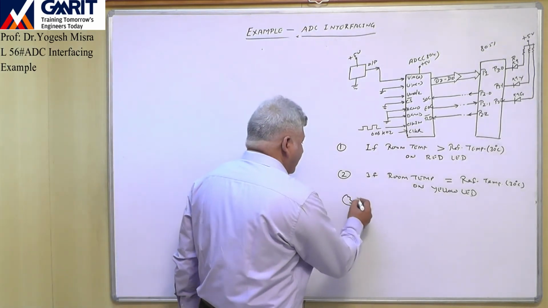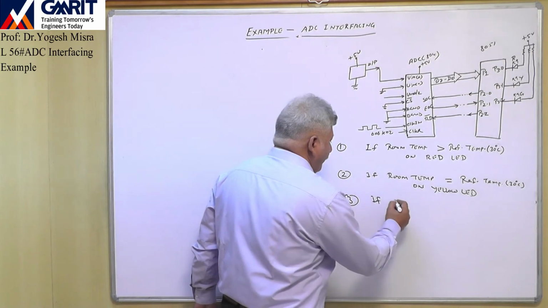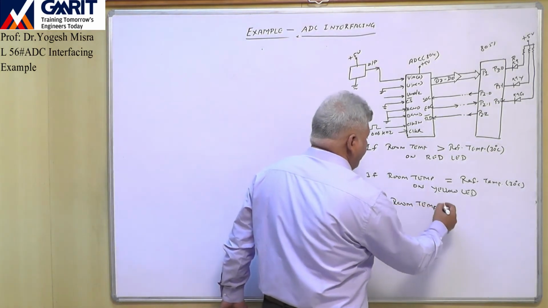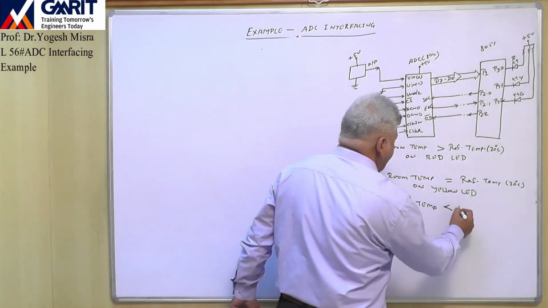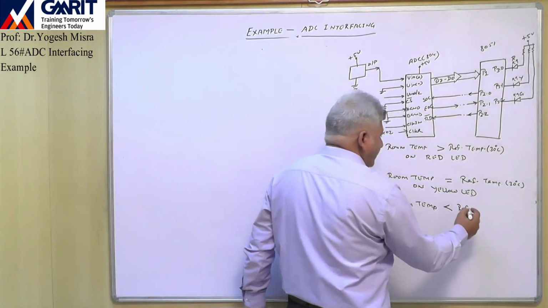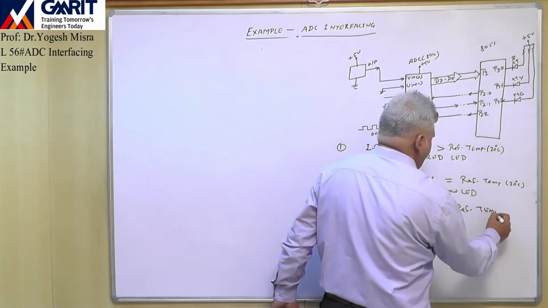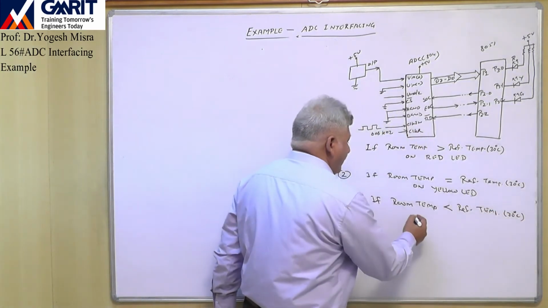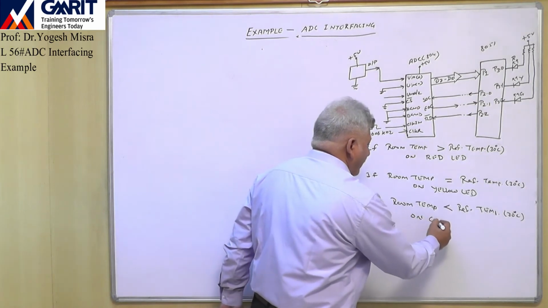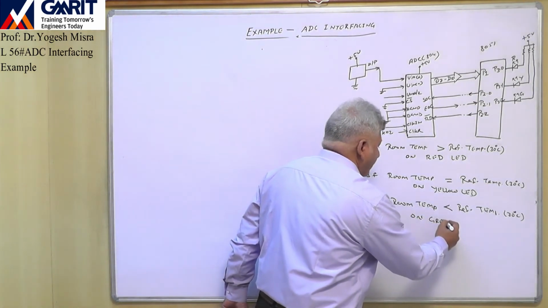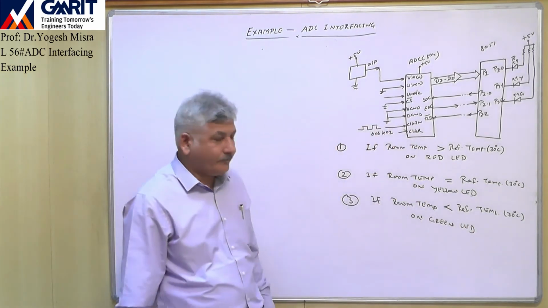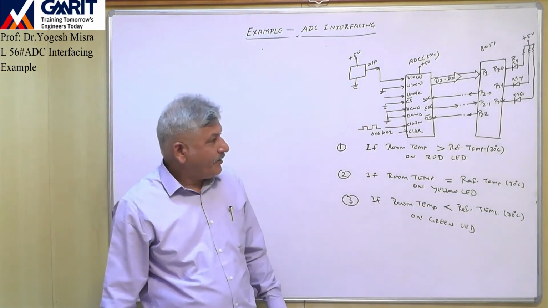And the third condition is if the room temperature is less than the reference temperature, that is 30 degrees Celsius, then turn on the green LED, right?